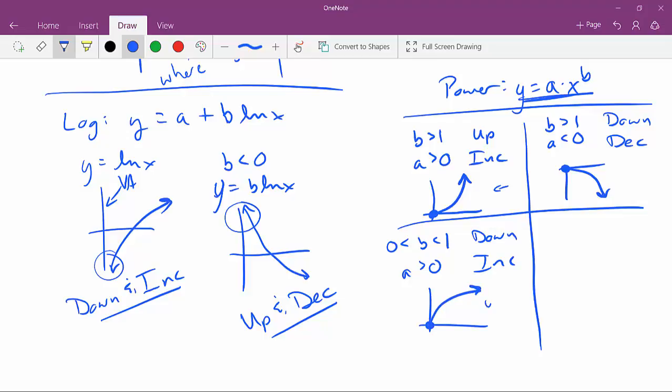This looks like the graph of y equals root x, because root x is just x to the 1/2. And then if b is less than 1 and a is less than 0, we have concave up and decreasing. So it'll still go through the origin, but we'll flip this model to the other side of the x-axis.